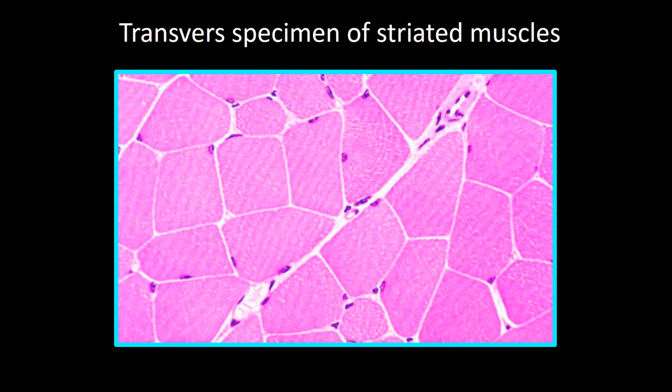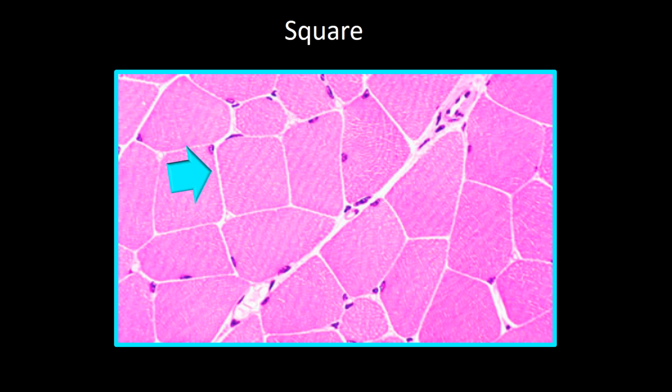Were we to cut at the level of the aqua line, as done here, twist the specimen, we will see a different view of the muscle fiber, the transverse view, as indicated by the arrow. In this specimen, the fibers, as we previously mentioned, are cut transversely. Notice their shape.